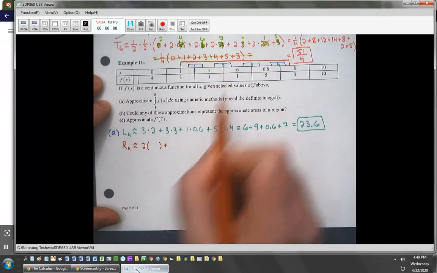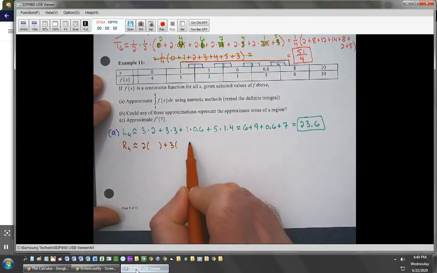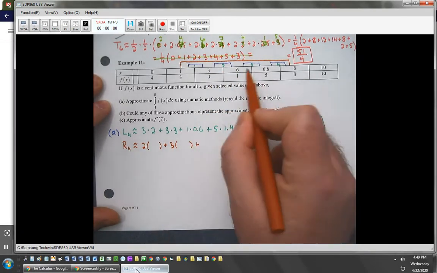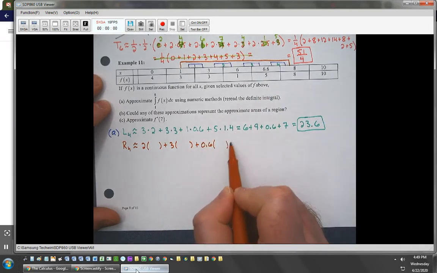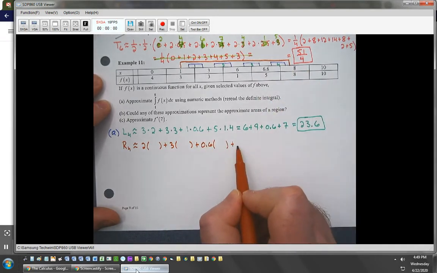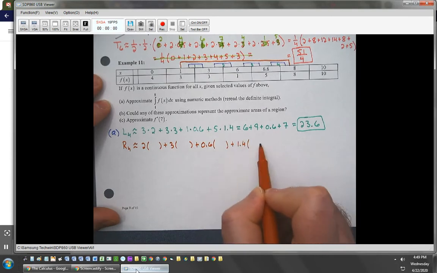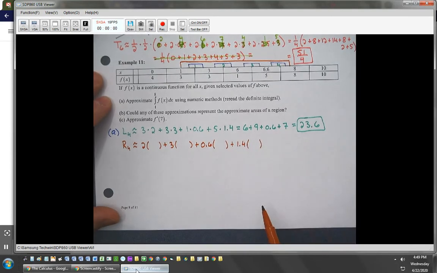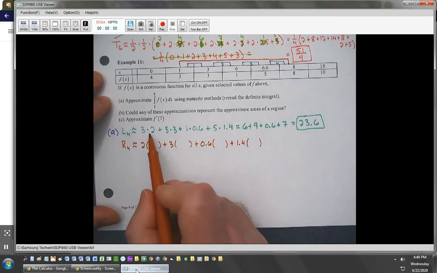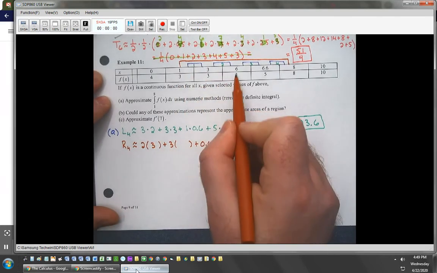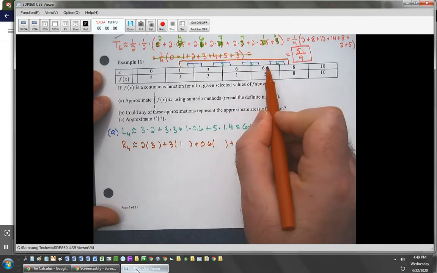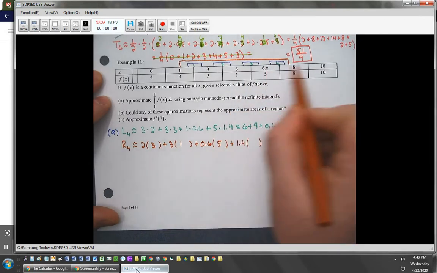Plus, I know this interval is a gap of 3 times something. I know this interval is a gap of 0.6 times something. And I know this interval is a gap of 1.4 times something. That's the way he thought about it. If you like that, go with it. And then I'm looking at the right side this time, and its height. So that's 3. The right side, that's 1. The right side, that's 5. The right side, that's 8.